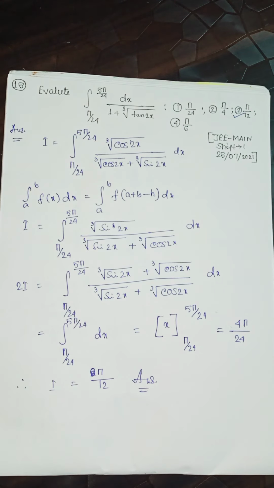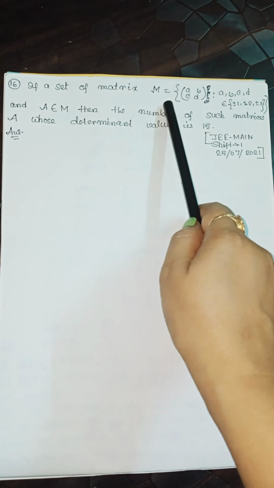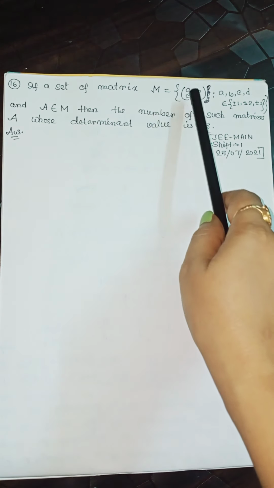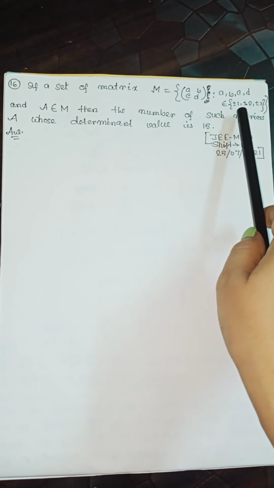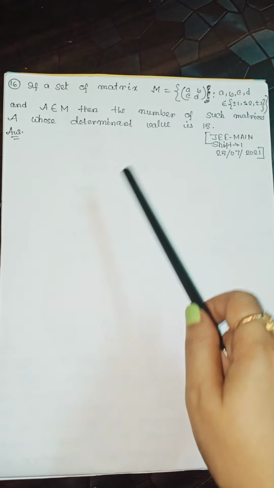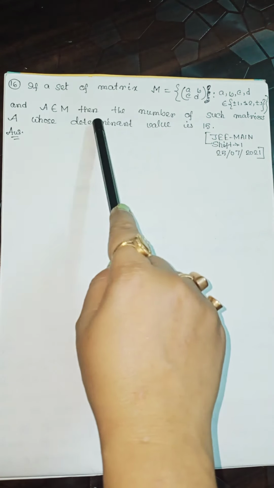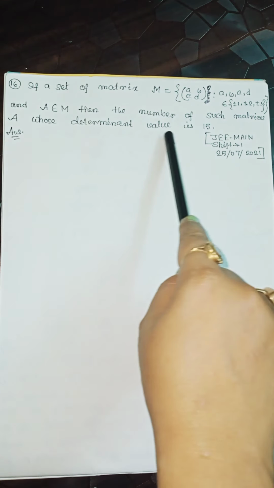Now moving to question 16. So now question 16 tells us: if a set of matrices A is equal to M, with entries A, B, C, D belonging to plus minus 1, plus minus 2, plus minus 3, and A belongs to capital M, find the number of such matrices A whose determinant value is 15.